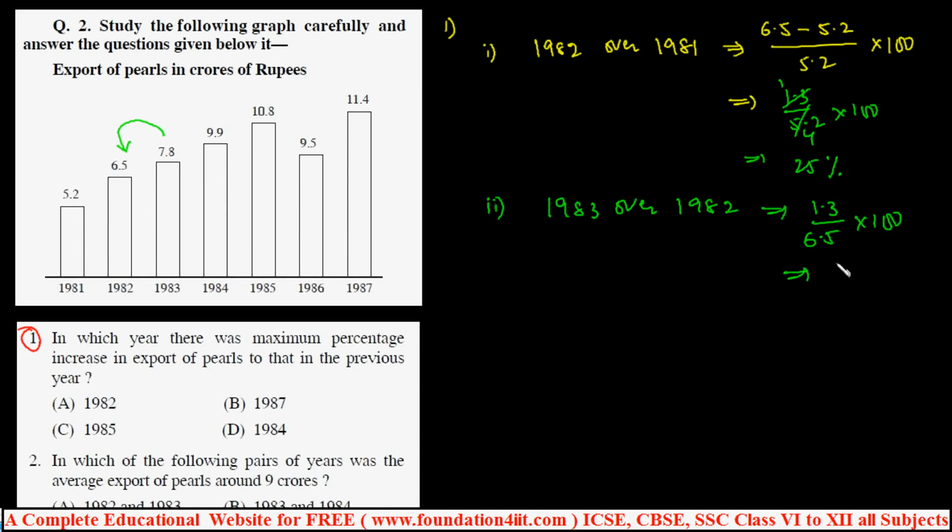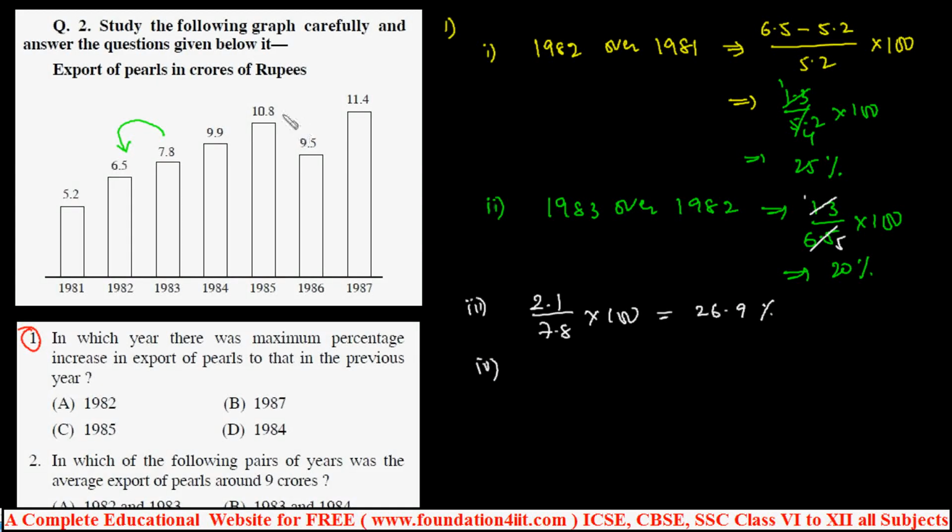Okay, this value is 20 percentage, because you can cancel this. 1.3 times 5 is 6.5, so 20%. Even the third one, 9.9 minus 7.8. Similarly, I'll do the calculation, and that is 2.1 by 7.8 into 100.